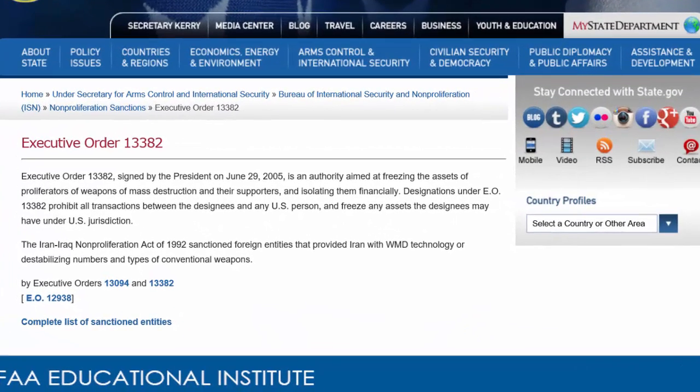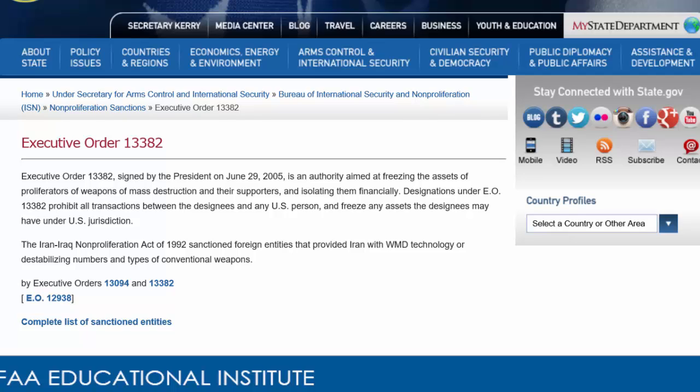Executive Order 13382, signed by the President on June 29, 2005, is an authority aimed at freezing the assets of proliferators of weapons of mass destruction and their supporters and isolating them financially. Designations under EO 13382 prohibit all transactions between the designees and any U.S. person and freeze any assets the designees may have under U.S. jurisdiction.